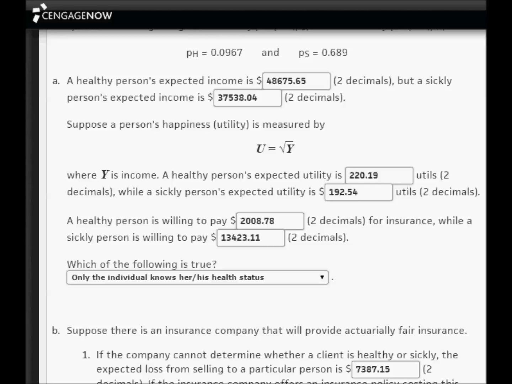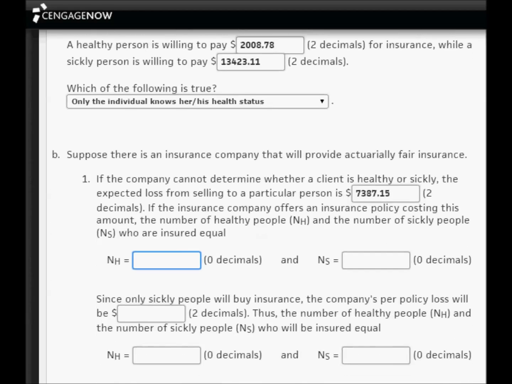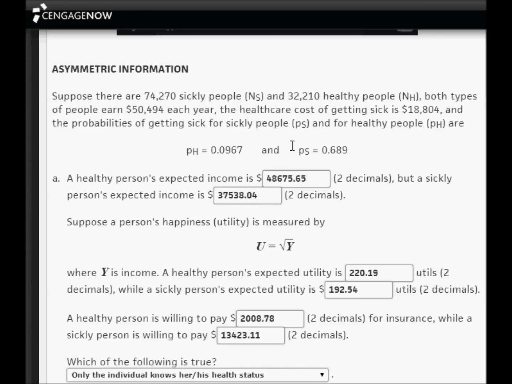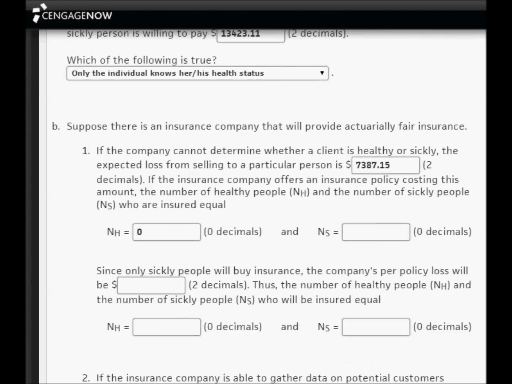The sickly person is willing to pay over $13,000. So healthy people will not want to buy insurance. All sickly people will gladly pay that premium. So all 74,270 sickly people will purchase health insurance.